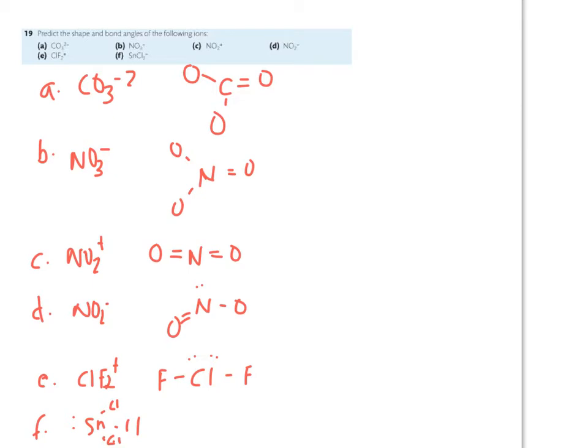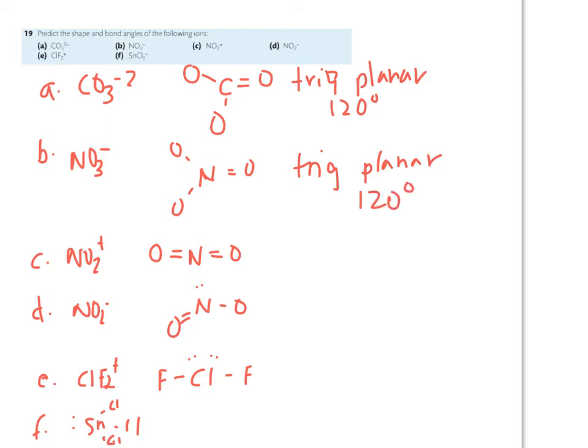So this is going to make it trigonal planar. And that means the bond angle is 120 degrees. B is a very similar shape. Again, it's just nitrogen replacing the carbon in the center, but no lone pairs, 3 electron domains. So this is also trigonal planar and 120 degrees.